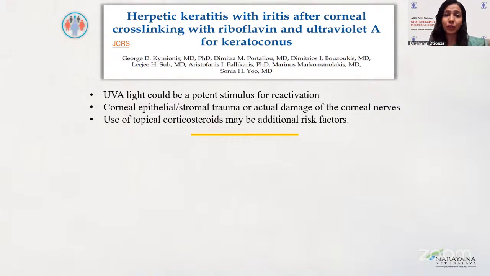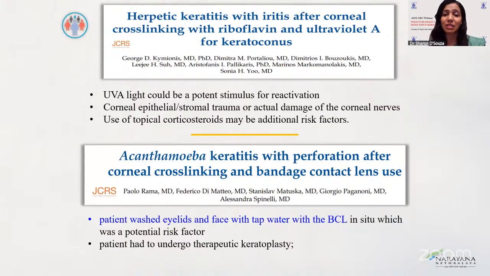Now, UV light can be a potent stimulus for reactivation of even viral infections. So sometimes you may not realize there could be a small scar on the cornea, which is a marker of an old HSV keratitis. Or sometimes nothing might be visible, but UVA light is a potent stimulus for reactivation. And then you add on topical steroids, which can be additional risk factors. So you can get a reactivation of HSV keratitis as well.